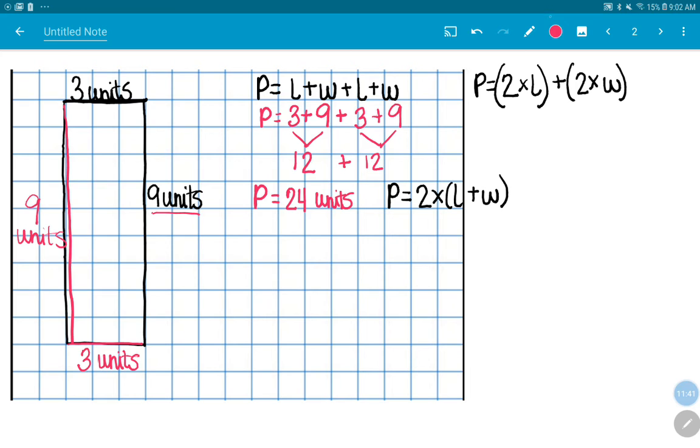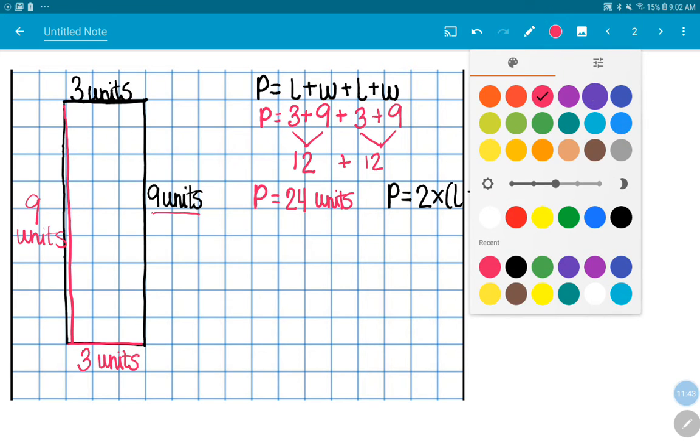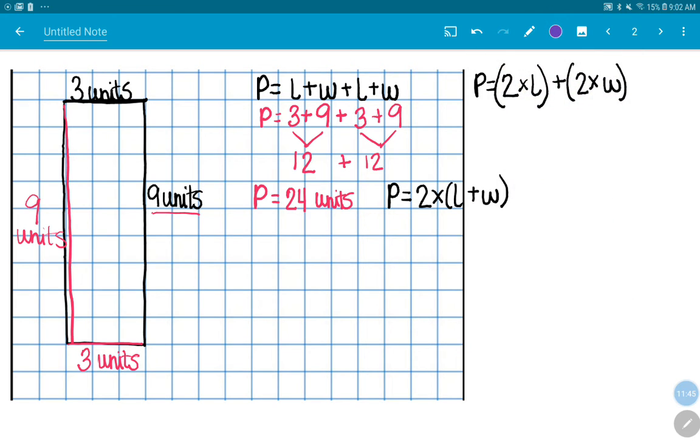All right, let's try the second formula that we came up with. We said perimeter is going to be 2 times the length. The length is 3 units. I have one length here and one length here, plus 2 times the width.